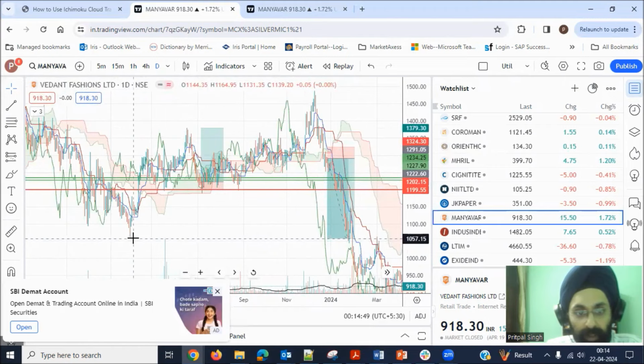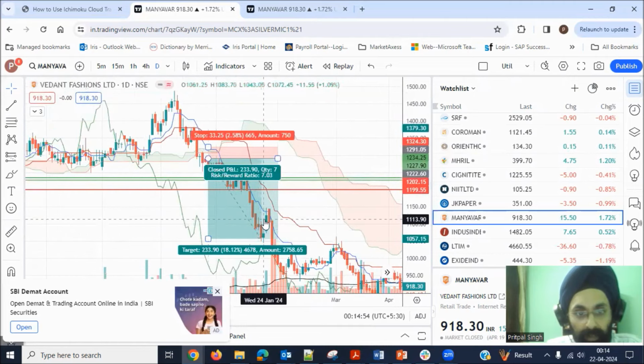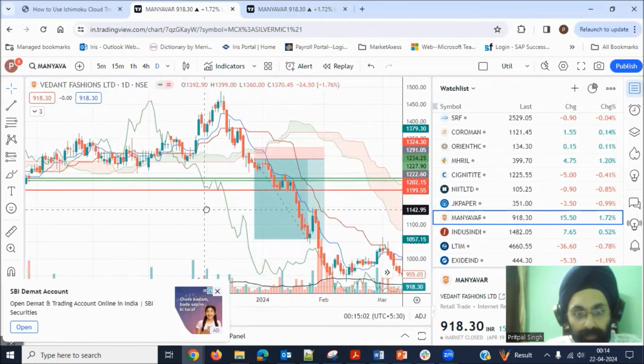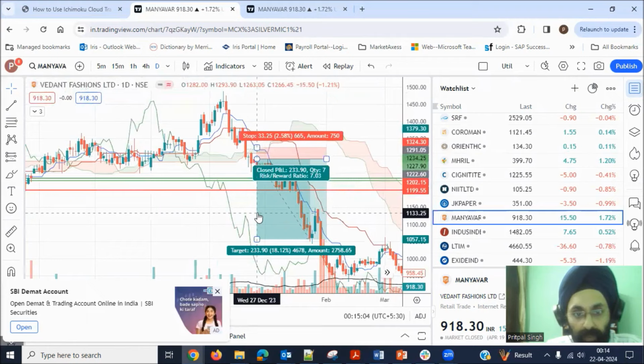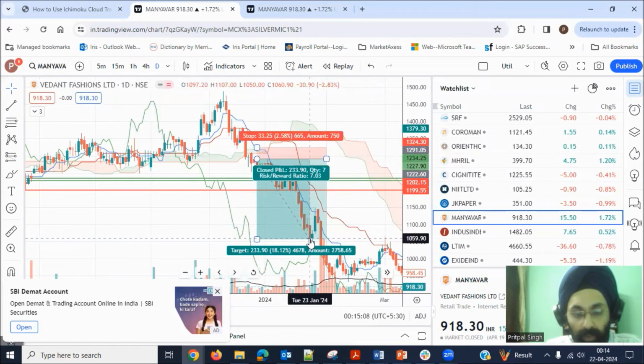I took this target based on the previous low, and within a matter of a few days, the entry was on 27 December, and on 23rd January, in less than one month, it hit the target of 18%.